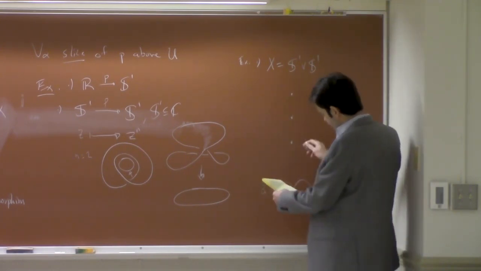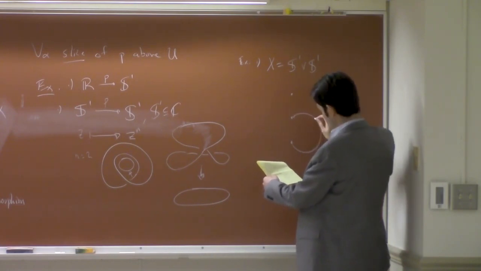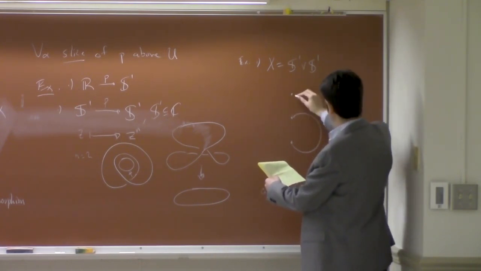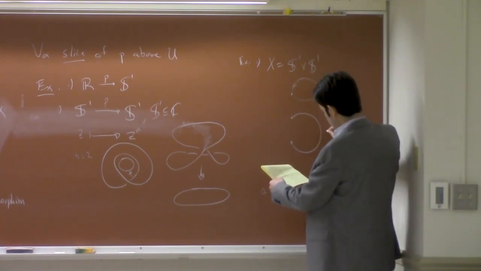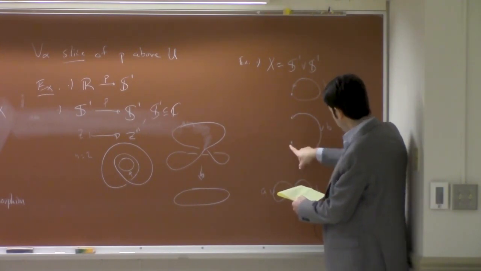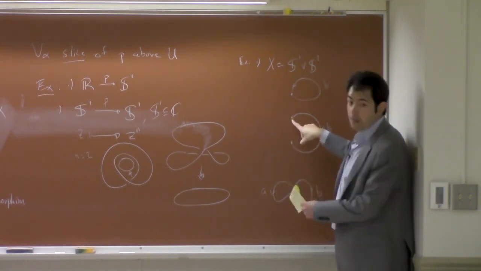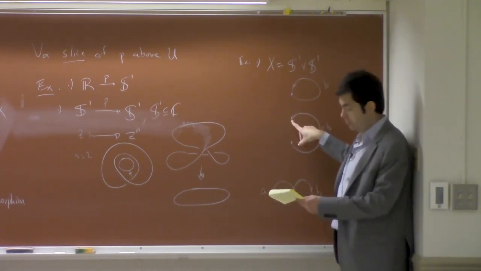So let's see, we could draw something like this. Let's say you have one B like that, and then over here a B like that. So here I have a B path leaving this point, so I also have to have a B path returning to this point.